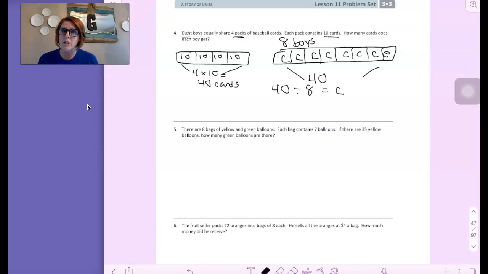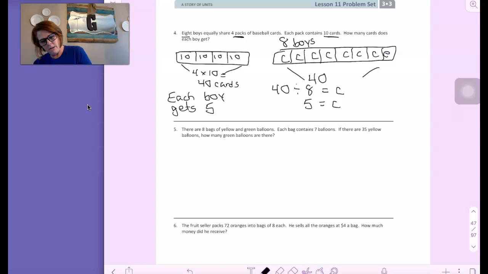You can go back and look at your chart if you need to, but it is 5. So each boy gets 5 cards.